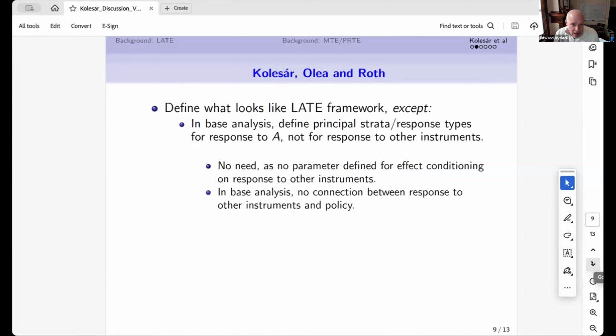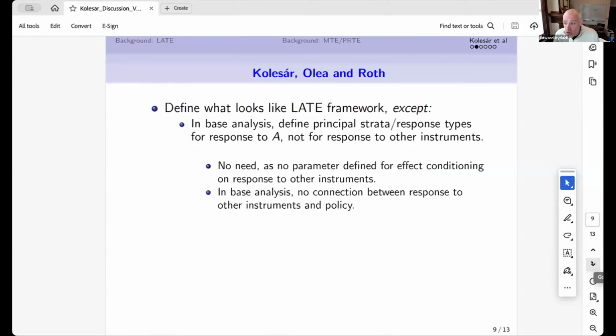So I think I just said this. In their analysis, at least their base analysis, they're not defining parameters that look like LATE types of parameters. So there's no type for would select the treatment if assigned to one judge, but would not select the treatment if assigned to some other judge. They don't need to do that for two reasons.